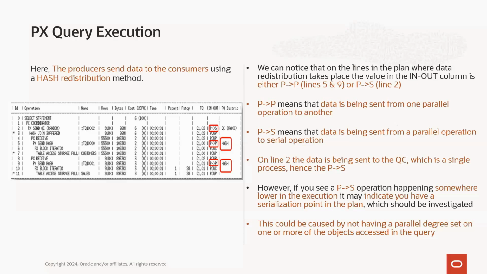For example, if a query is running with two objects, meaning two tables it is scanning, and one is decorated with parallel and another one is not, in such cases we can see this type of execution plan.